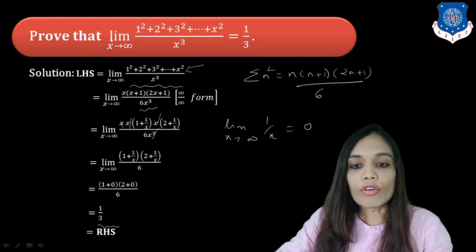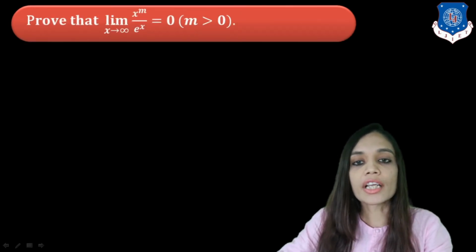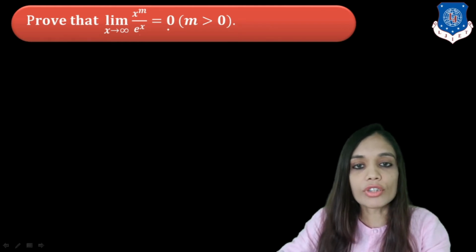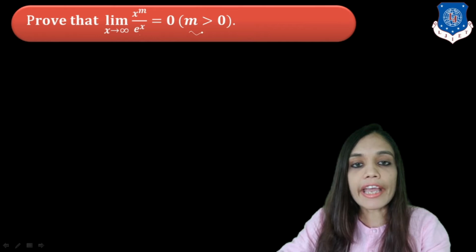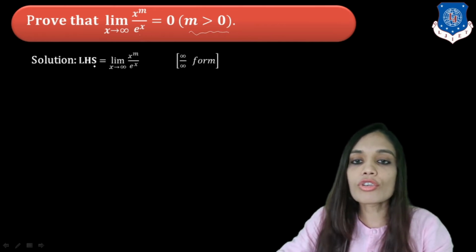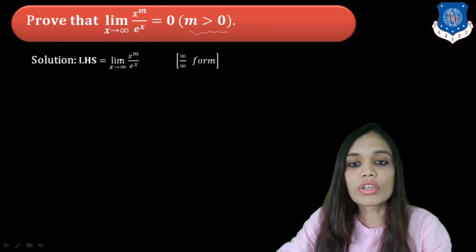Okay. Now let us solve one more example, that is we have to prove that limit x tends to infinity x raised to m upon e raised to x is equal to 0 and here our m is greater than 0. So let us start with the solution. That is we are given LHS is equal to limit x tends to infinity x raised to m upon e raised to x.